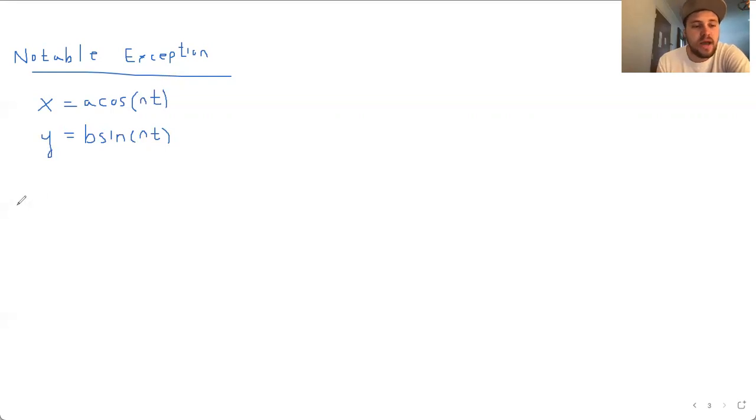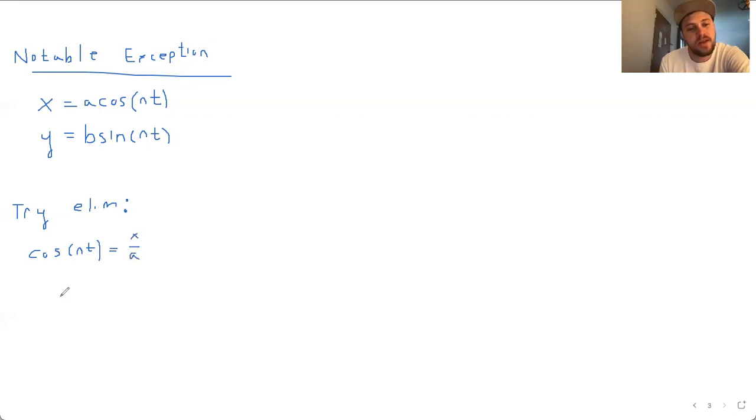But in any case, you could try the elimination method, you could try eliminating. So what would that look like? Well, let's just pick the x one here. Then we'd have cosine of nt equals x over a.